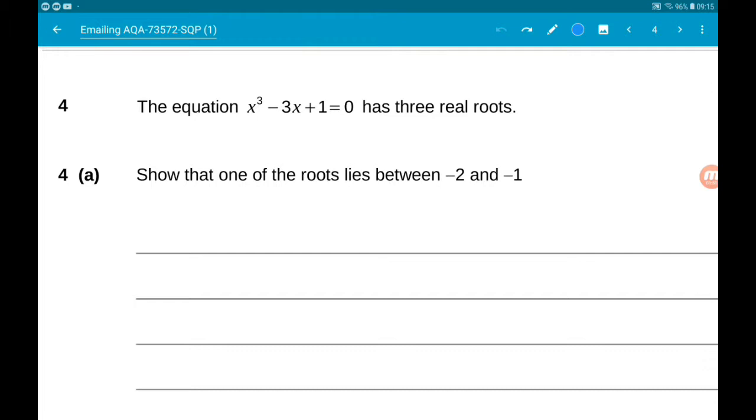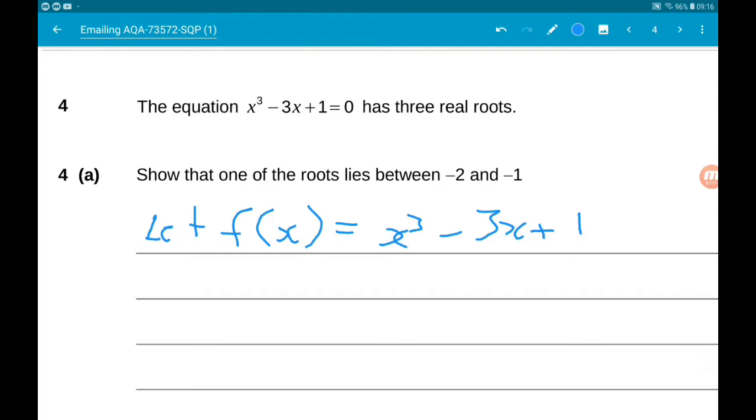So first up, let our expression be f of x. So let f of x equal x cubed minus 3x add 1. Then it just lets us show easily what we are substituting into the expression.